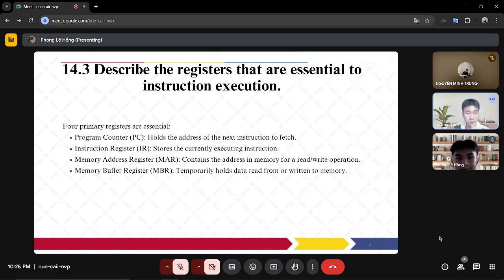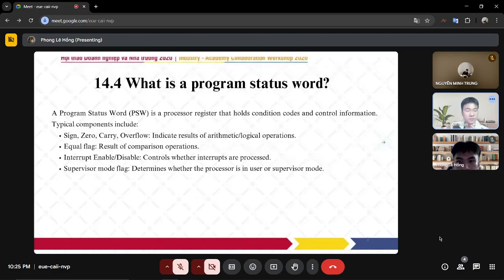Instruction register, IR, stores the currently executing instruction. 3. Memory address register contains the address in memory for a read or write operation. 4. Memory buffer register temporarily holds the data read from or written to memory.